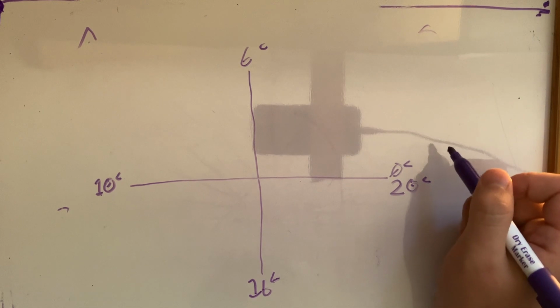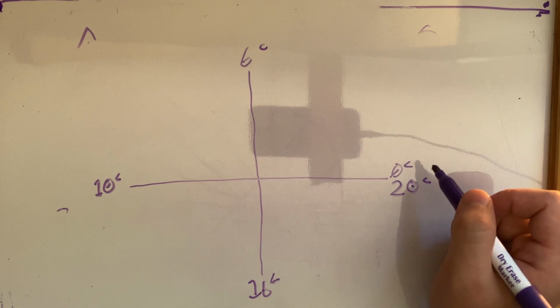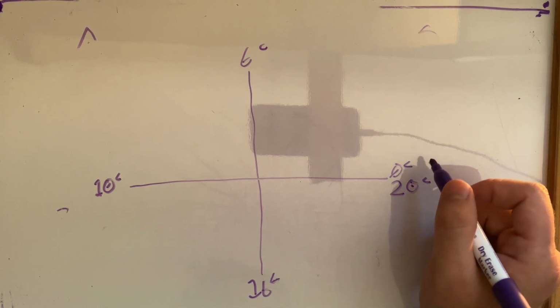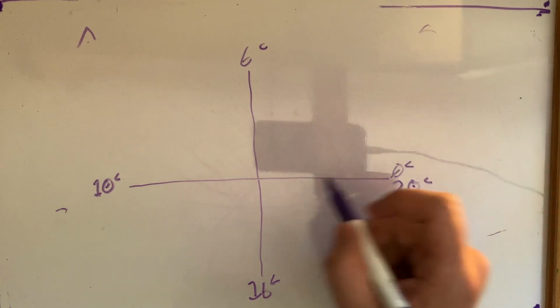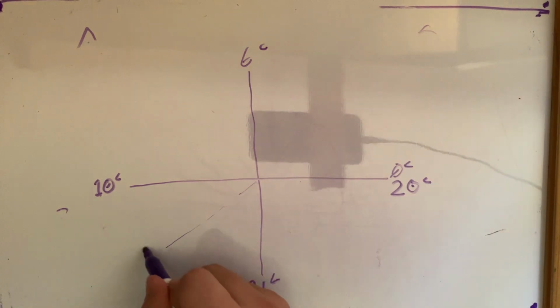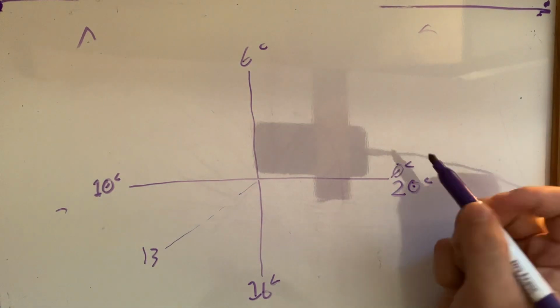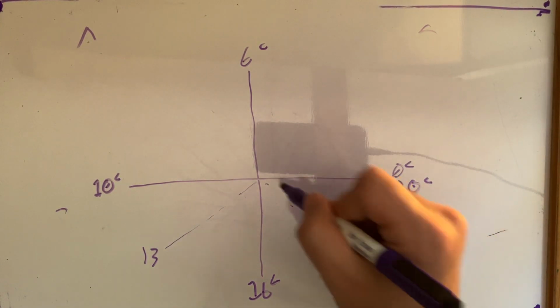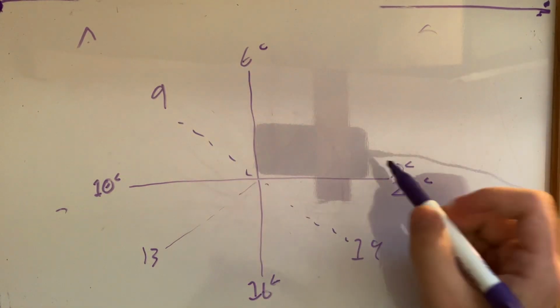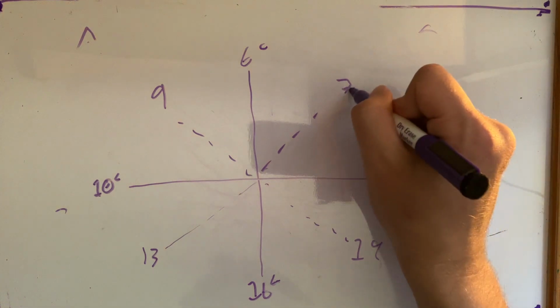Can you see? So it's pretty clear what would be halfway between 12 and 16, right? 13. It's pretty easy to get that this would be 19, that'd be 9, just as this is 3.